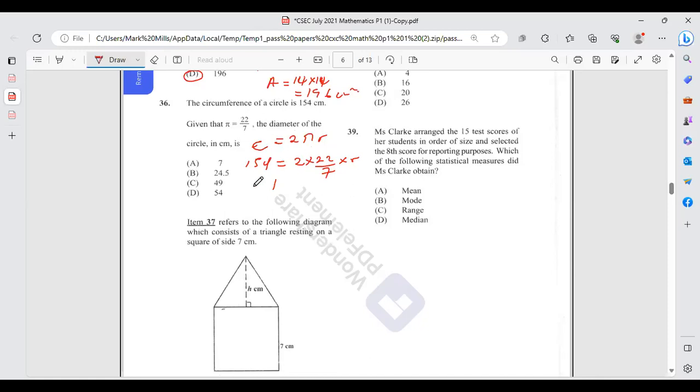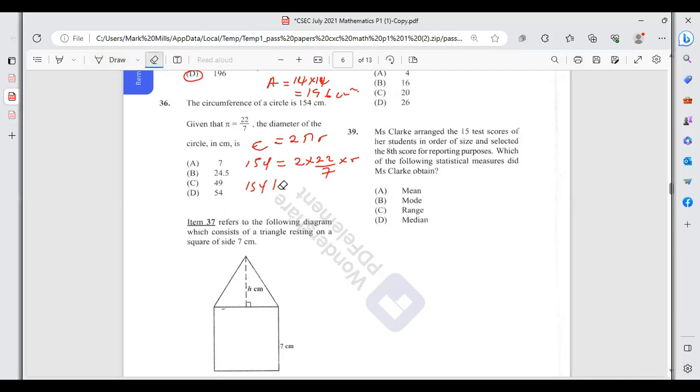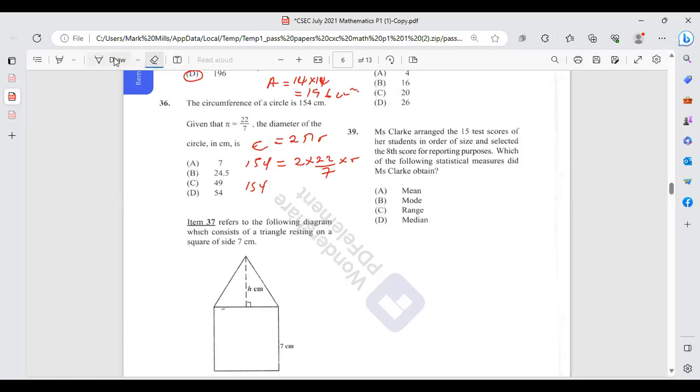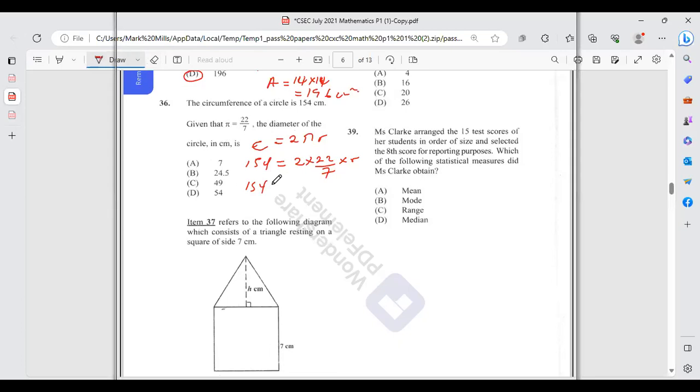So 154 equals 44/7 times r. When we work this out, you get 154 times 7 divided by 44 is equal to r.